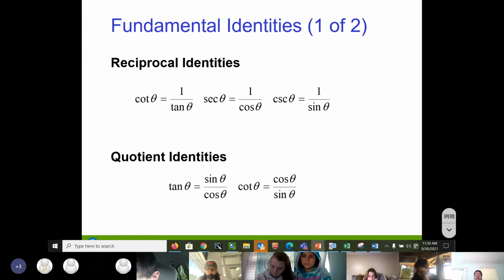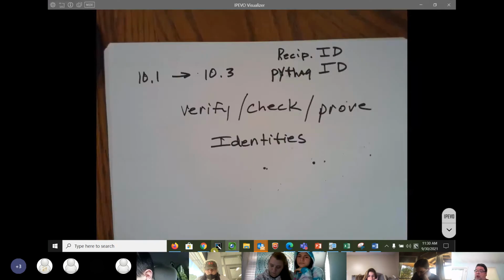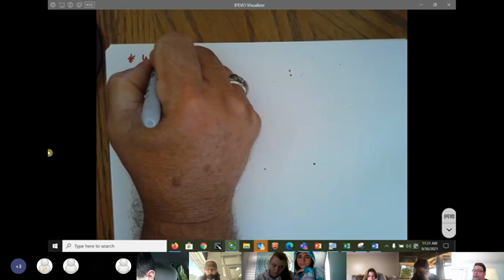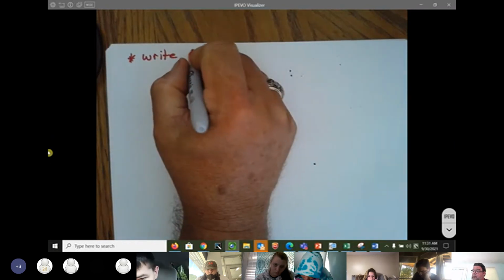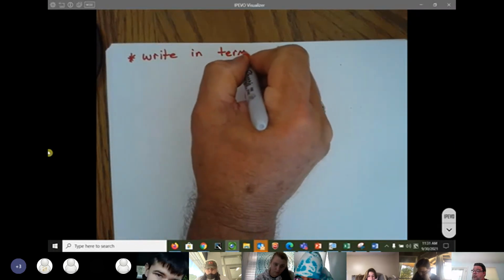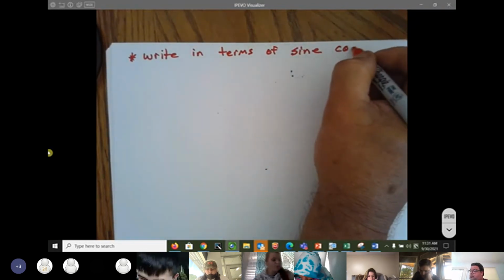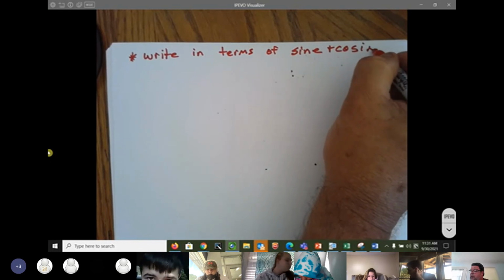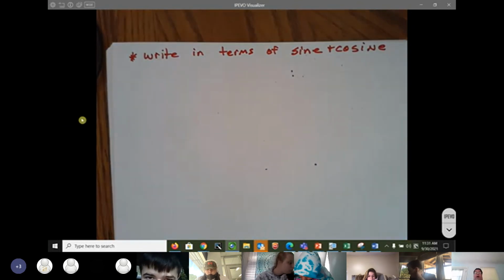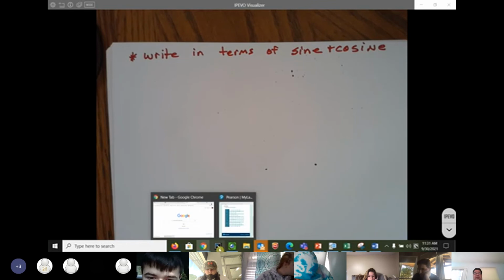Now, why do they have those three? Because the secant is written in terms of 1 over the cosine, and the cosecant is written as 1 over the sine. Rule of calculus identities. And y'all already know this rule. What did I tell y'all the rule with identities is? You always want to write everything in terms of what? Sine and cosine? Sine and cosine, exactly. So that's why they have these identities right here.